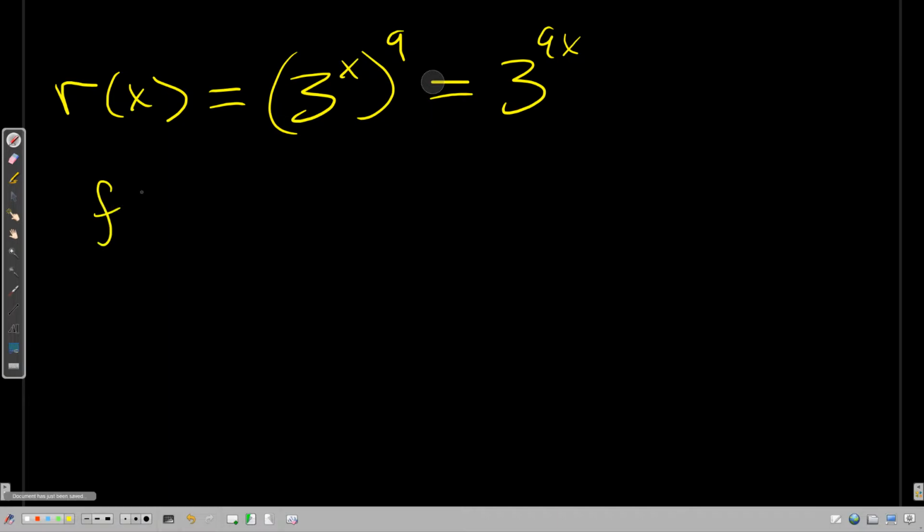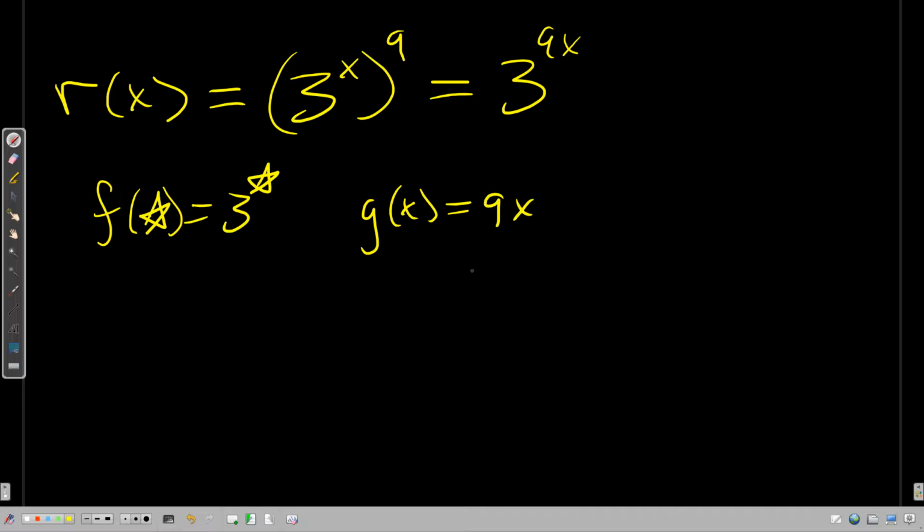So you have an f of star, which is 3 to the power of star, and you have a g of x, which is 9x. Well, you know how to do g prime, but how do you do this? We know how to do e to the star. It would just be e to the star. But that's not e, that's 3.